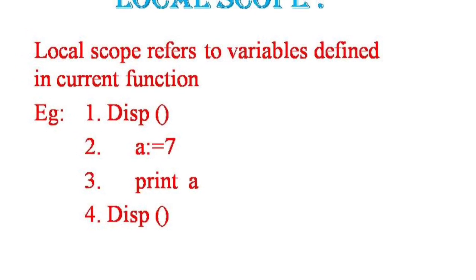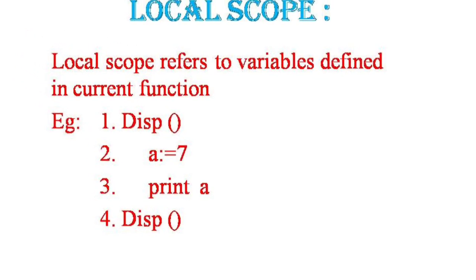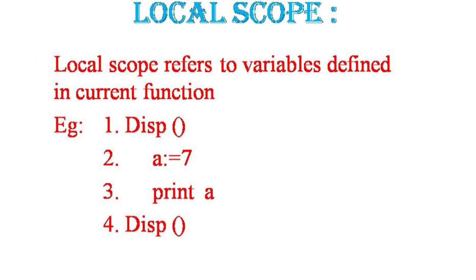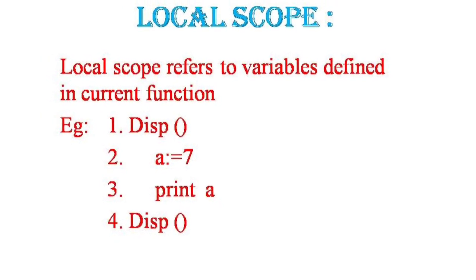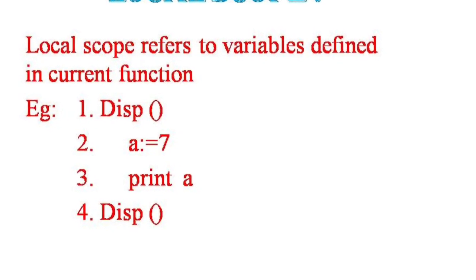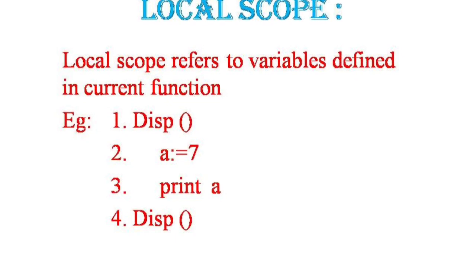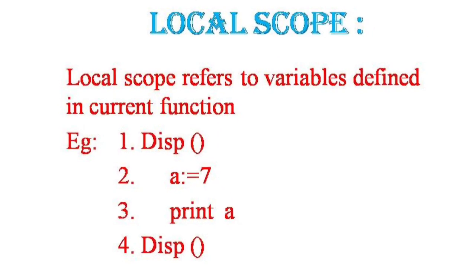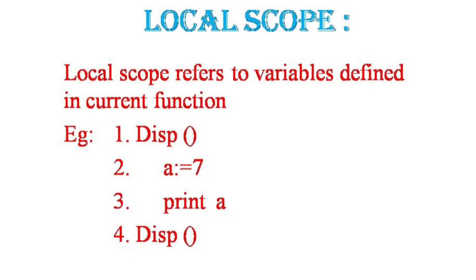A variable A is defined inside the disp function and 7 is the value assigned to it. So, local scope is when a variable is declared inside a function, it will only work in that function. Outside that function, the variable will not be available.